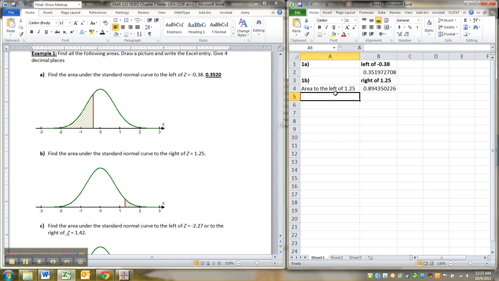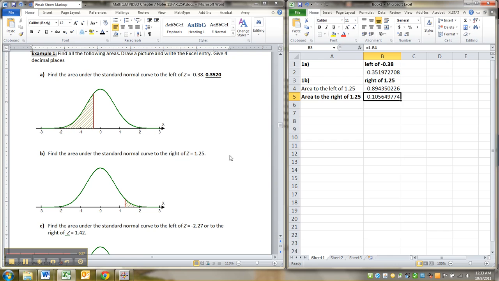So then the area to the right, which is what I was actually looking for, will be equal to 1 minus that, right? The complement, which is 0.1056, which makes a lot more sense because that's not a whole lot of area that I've shaded there.